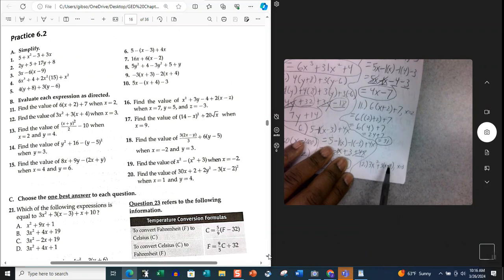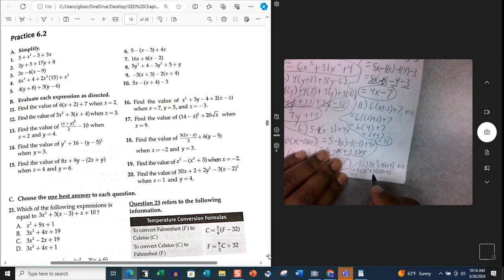Okay, now we will put in 3 wherever x is. So we have 3, then that'll be 3 squared, plus 3, and then in parentheses we have 3 plus 4. So now 3 squared is 9. So we have 3 times 9 plus 3, and 3 plus 4 is 7. So now we have 3 times 9 plus 3 times 7.